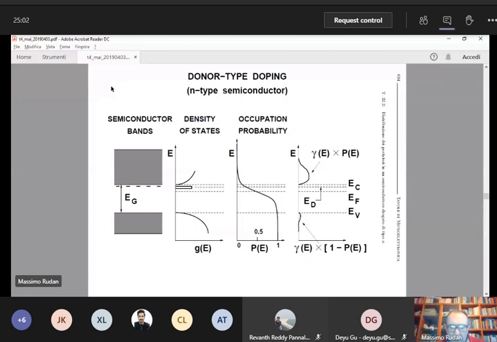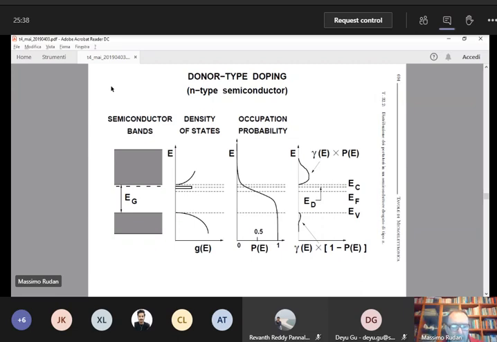Another issue is this. You remember from the description that we have done last lesson that the number of electrons that is donated by the donor dopants may be much, much larger than the number of electrons of the conduction band that come from the transitions coming from the valence band, okay?